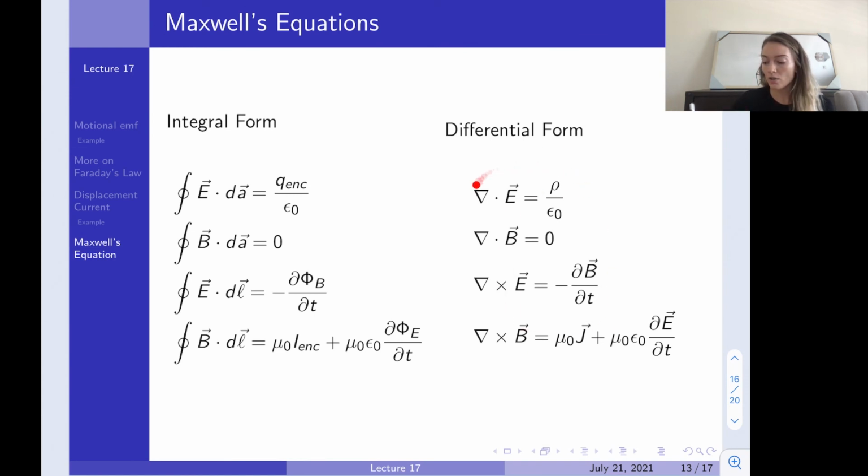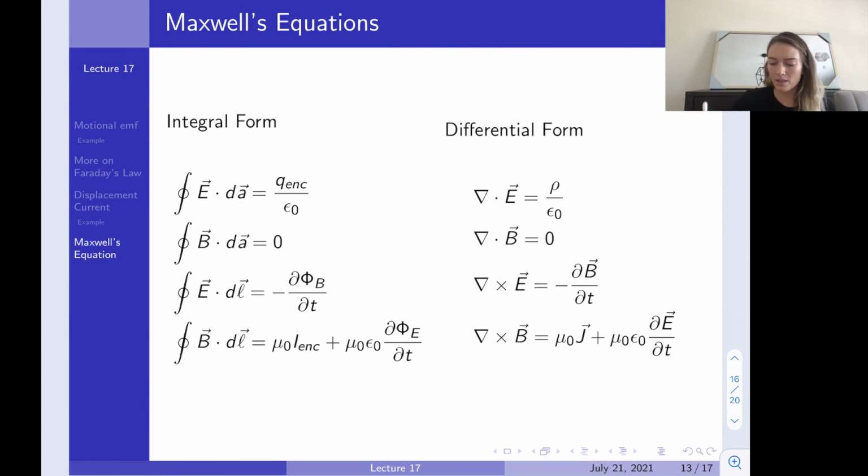You can derive the speed of light and the wave equation from these four equations, but you need this displacement current term. And from this, you can derive that electricity and magnetism are the same force. They're both waves, they both travel at the speed of light, but this term is really vital.